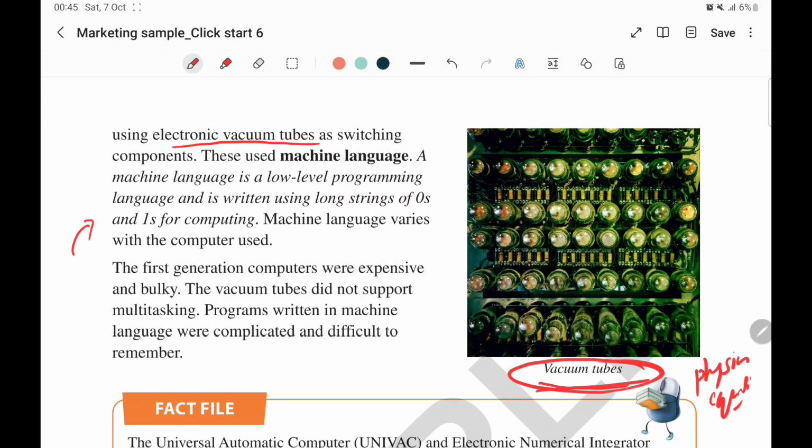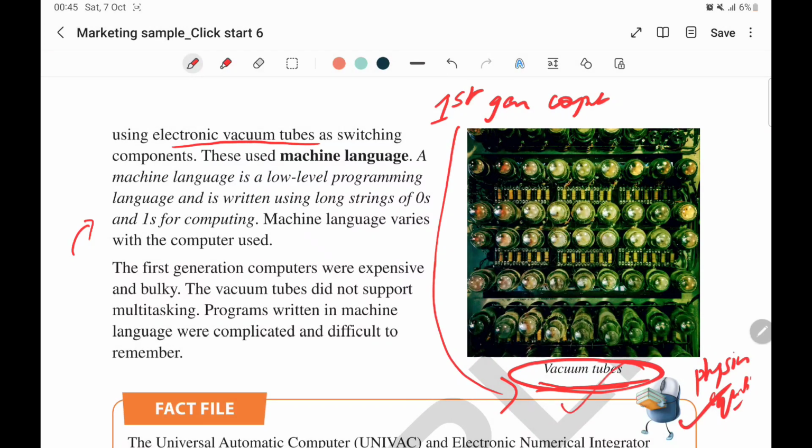These computers were the first generation computers, and they were helpful to solve physics equations by the help of vacuum tubes.